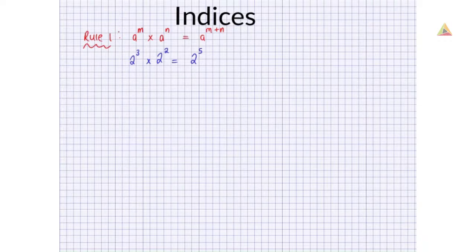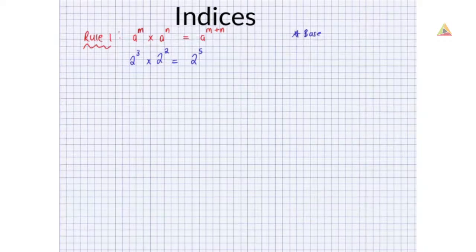Again, I'm going to reiterate that bases must be the same in order for this rule to work. So that's a to the power of m multiplied by a to the power of n is equal to a to the power of m plus n, and I'm giving you an example there.